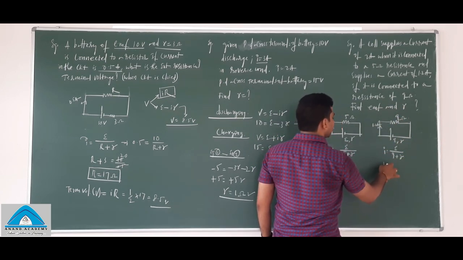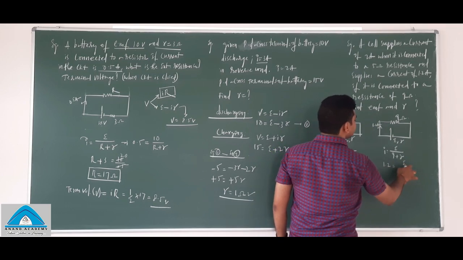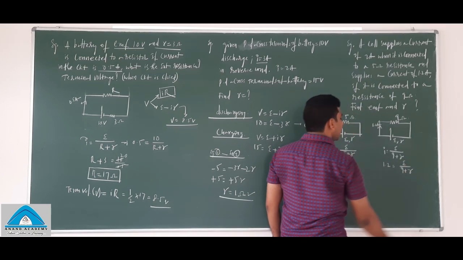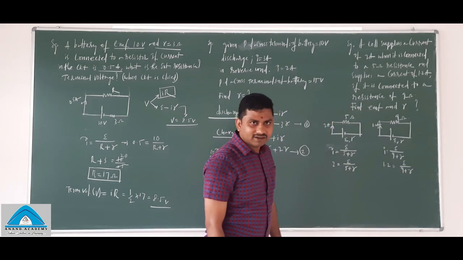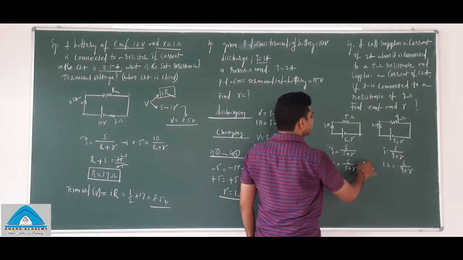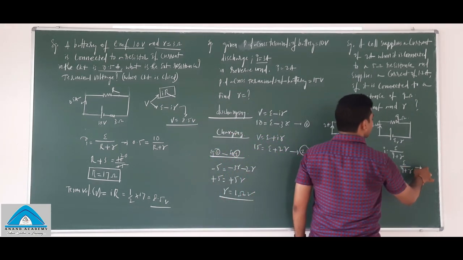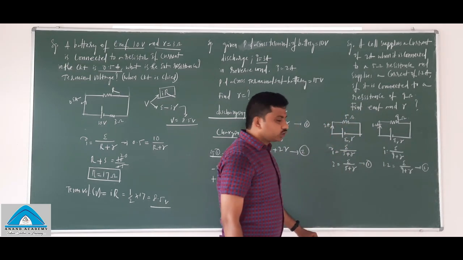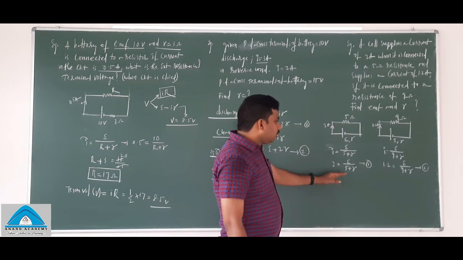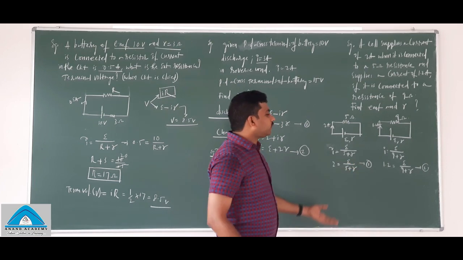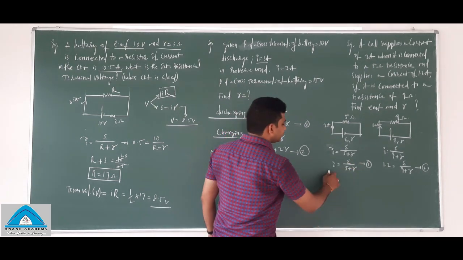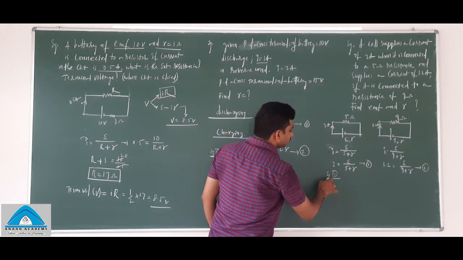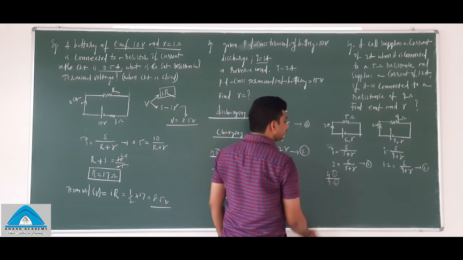So here I is 1.2 is equal to epsilon by 9 plus r. Okay. Now, imagine it is equation 1, it's equation 2 here. Right? Now, what we have to do? You just divide equation 1 by equation 2, so you get the answer.